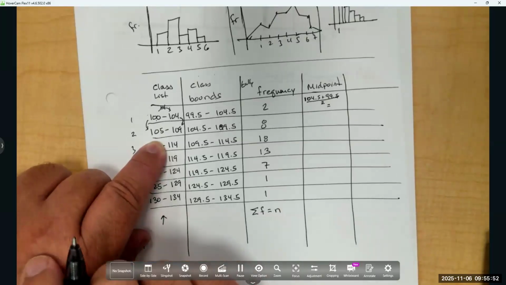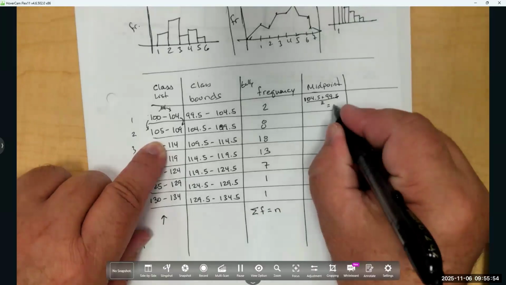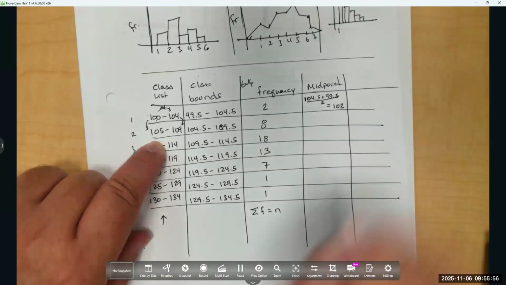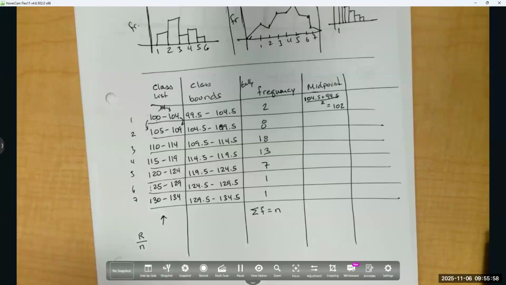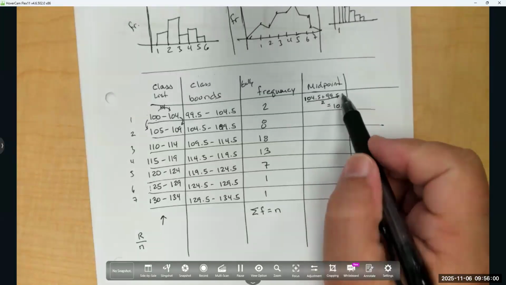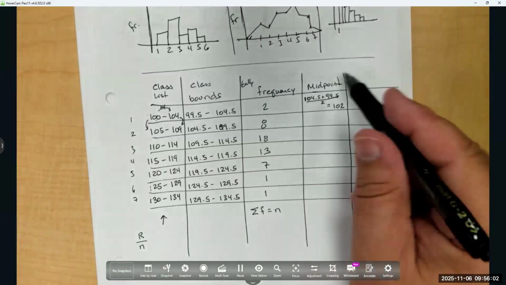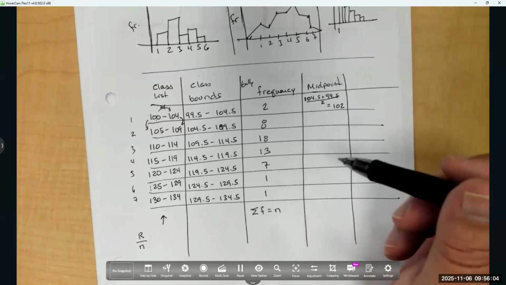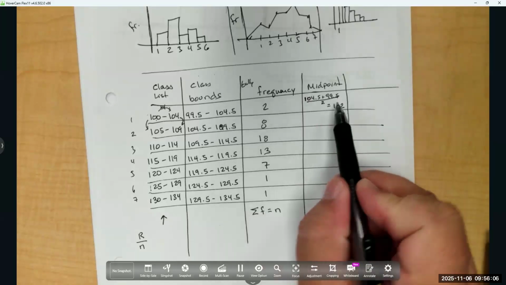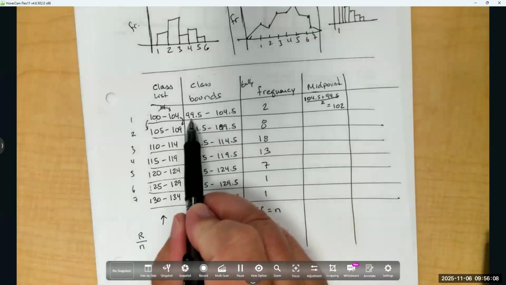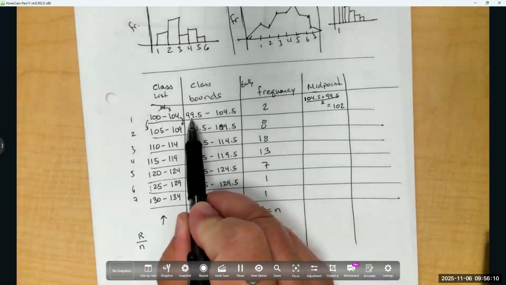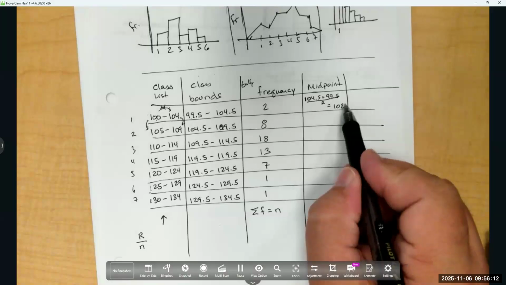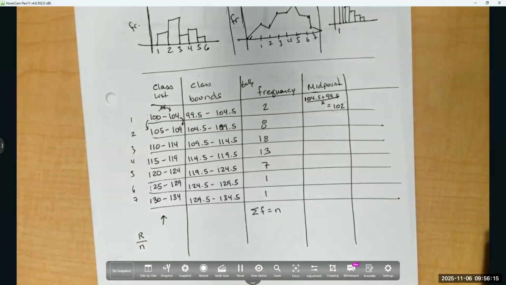Right. Because 104.5 minus 99.5 is 5, and 5 divided by 2 is 2.5. So what this means is it's going to be 2.5 from the lowest, 99.5. Add that to it: 102. Done.